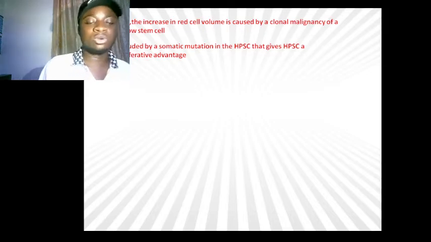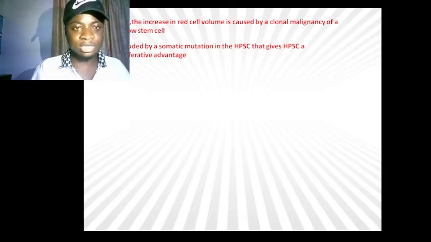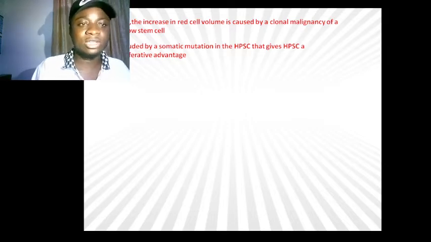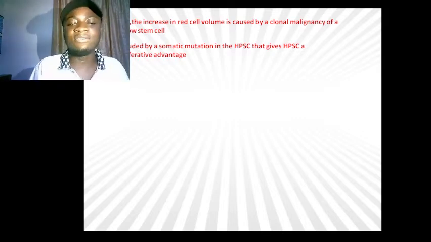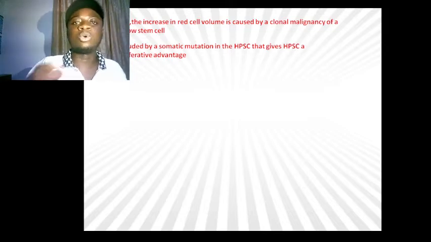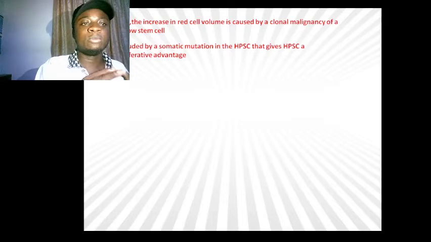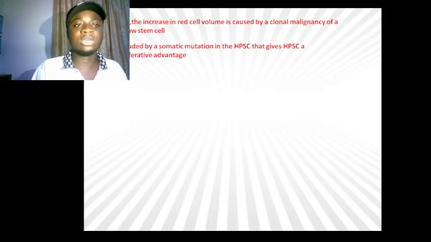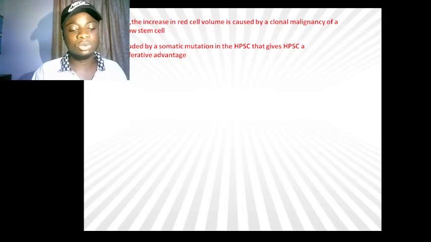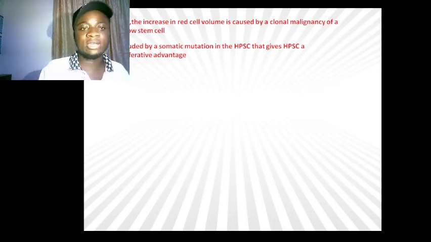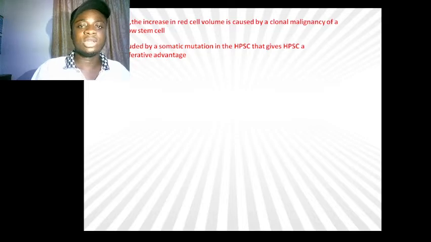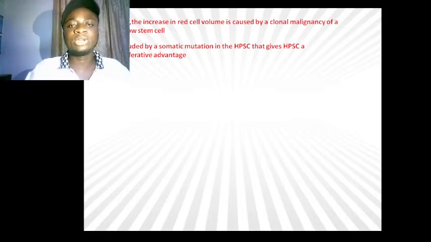So in the bone marrow, instead of the erythroid progenitor cell differentiating to give us the erythrocyte, or the common myeloid progenitor cells dividing to give us the necessary blood cells, there is a clonal malignancy. The malignant cells may clear the normal cells from the bone marrow and predominate.